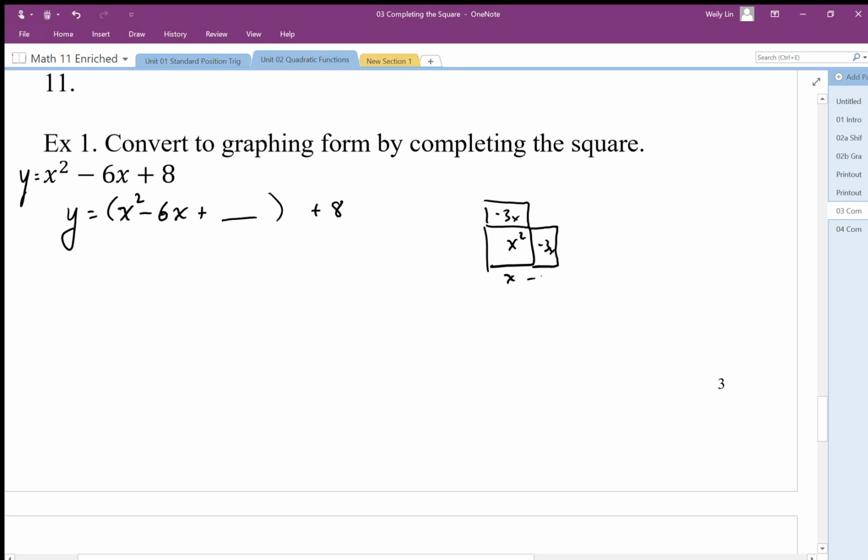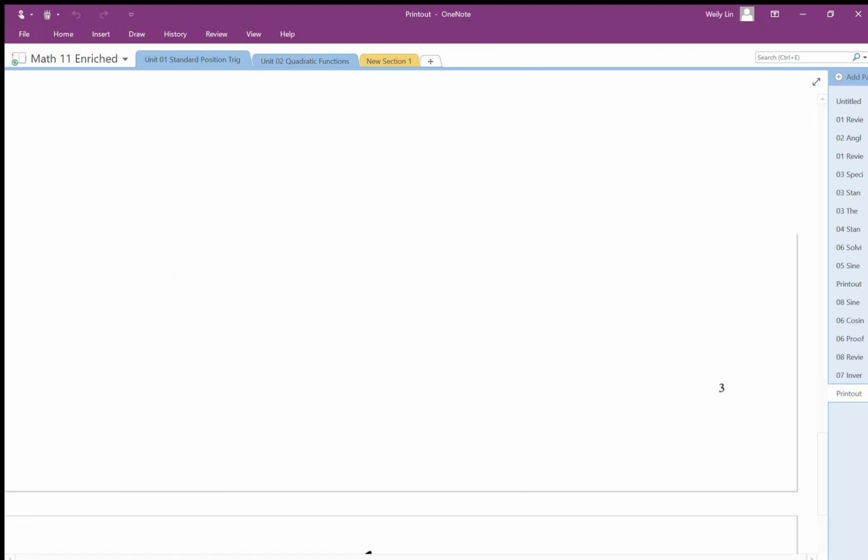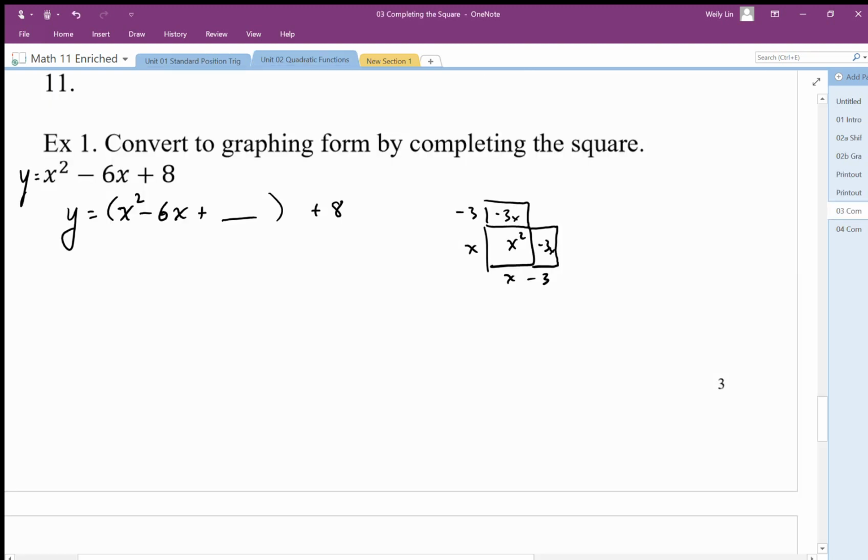So that's going to be x minus 3, x minus 3. And then to complete that square, I need to take half of the middle, or negative 3 and negative 3, and finish off that square. So that's going to be a plus 9 to complete that square.